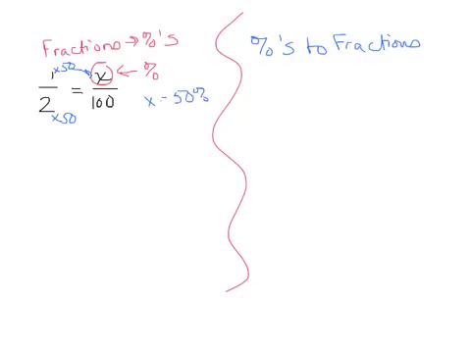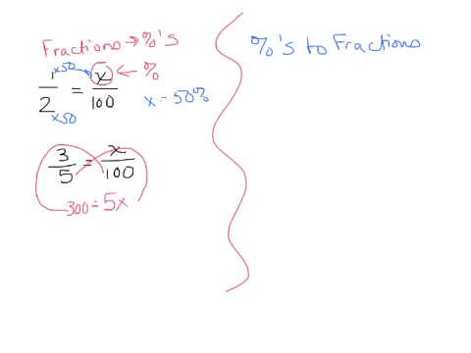What I could also do is, for example, if I had 3/5 equals what number out of 100, I could also use the cross products. So 100 times 3 is 300, 5 times x is 5x, divide by 5, divide by 5, and x will end up equaling 60, and it's going to be 60%.